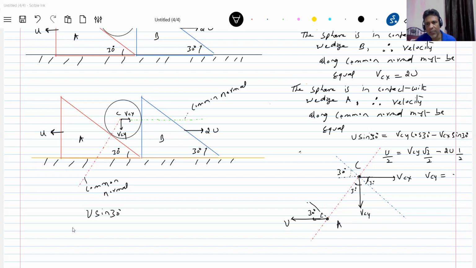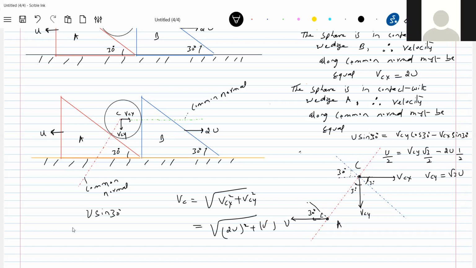So 2 gets cancelled. VCY is root 3U. So now what is the velocity of this sphere C? Root of VCX square plus VCY square. VCX square is 2U whole square plus root 3U whole square. 4 plus 3 is 7. So root 7U.